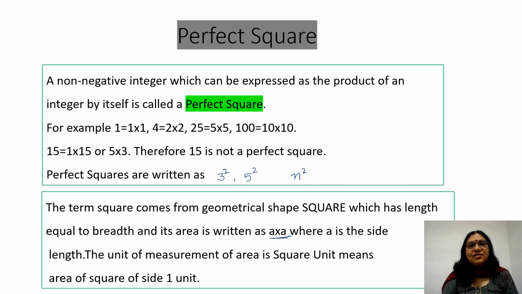So if the side is say 5 centimeter, then area of the square is 25 square centimeter. When we say square centimeter, it means this is the area of a square of side 1 centimeter. And since there are 9 unit squares, area becomes 9 centimeter square, or area becomes 25 centimeter square.